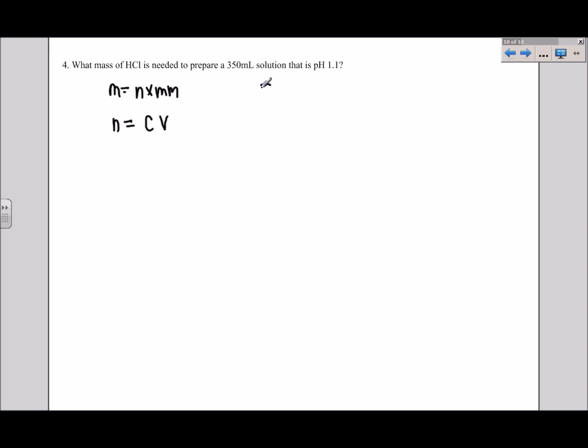So my first step here is to use my formula to find the H+ concentration, which is found by taking 10 to the negative pH. And what I find is that the concentration that I need of the H+ is going to be 0.0794 moles per liter.